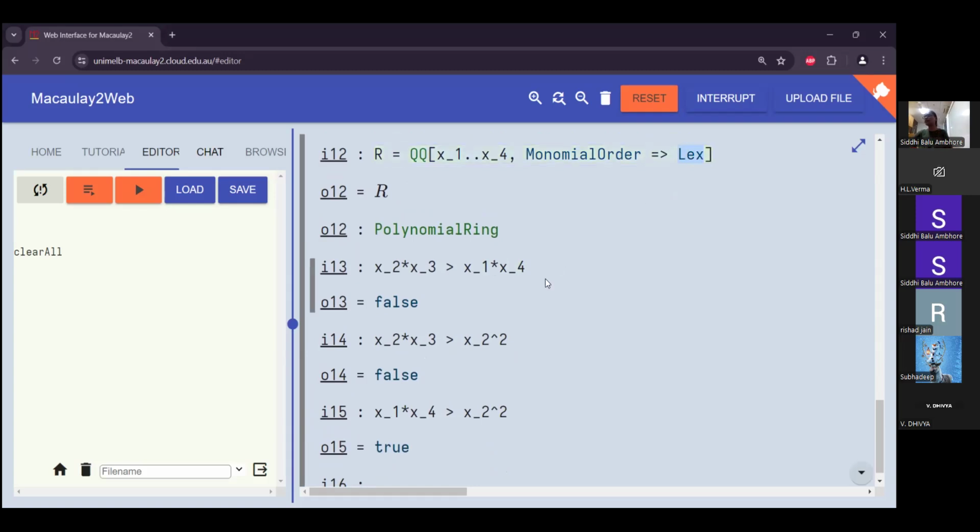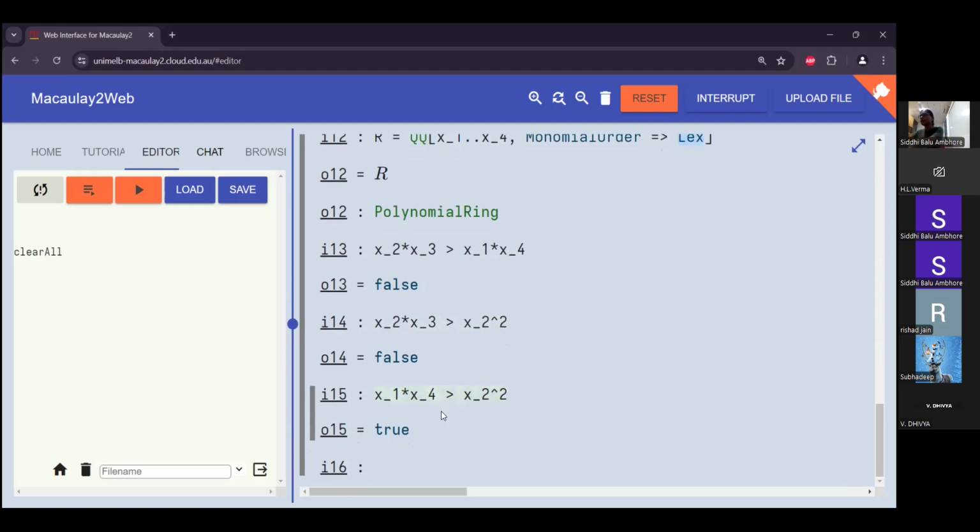And we will also check this with respect to graded reverse lexicographic order, or degree reverse lexicographic order. How to do it? Let me again clear everything because now the variables might overlap. You do not need to do this clear all every time, but I'm doing this so that variables do not overlap and we don't get any error.